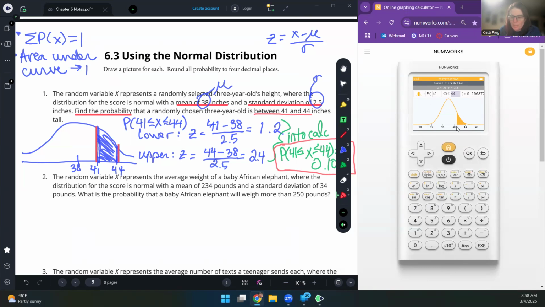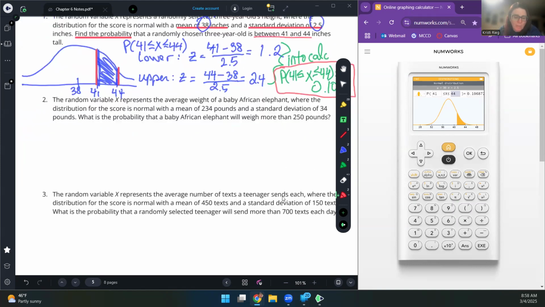And if you look at the X number line, we have a line here at 41 and a line here at 44, and it's colored in between, just like the picture I drew. And we get the exact same answer, 0.1069. So the 0 and 1 for mean and standard deviation is very important when we're dealing with z-scores. When we're dealing with x's, we can use exactly the mu and the sigma that's given in the problem.